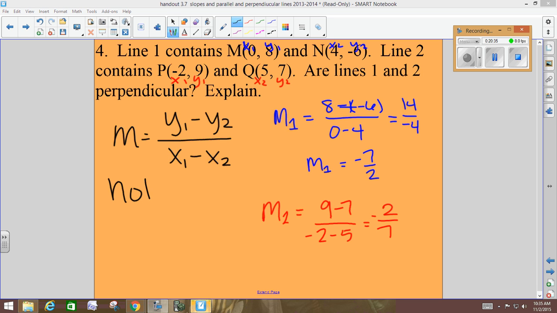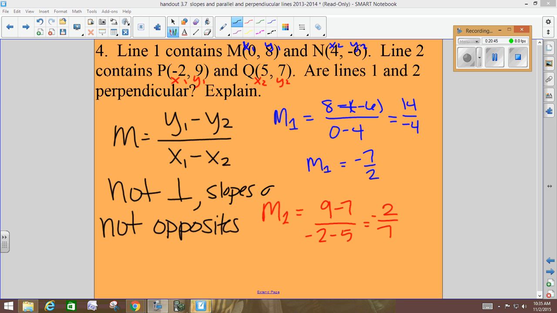So we'll say not perpendicular, slopes not opposites. You have two negatives. You need both, a positive and a negative. Did you get these two slopes? Okay, they're not perpendicular though because they're both negative. You need one to be positive and one negative, plus being reciprocals.